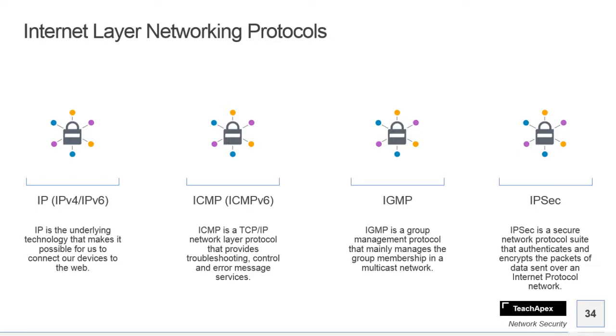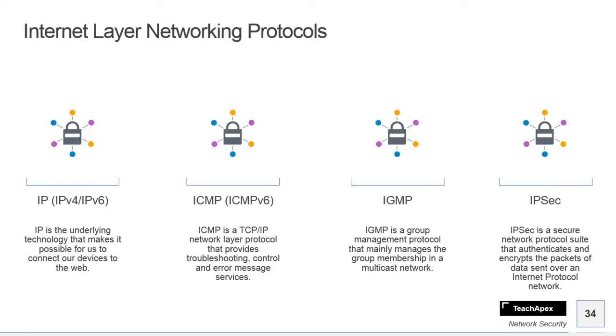IPv4 is the older version. Now our network is configured with IPv6 technology. IP is basically the underlying technology that makes it possible for us to connect our devices to the web.